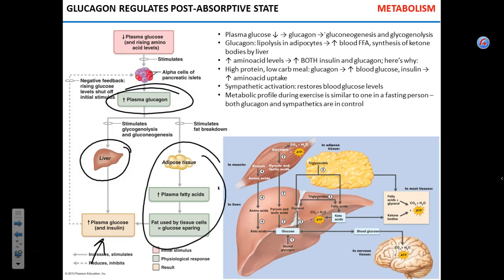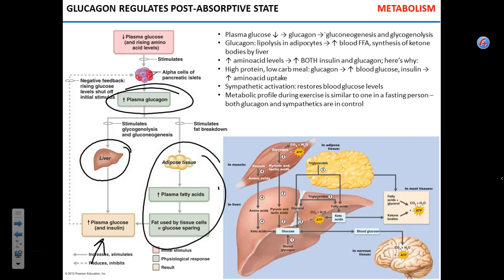Adipose tissue is broken down, fat is broken down. Either glycerol and free fatty acids will be used as the energy source, or ketone bodies. So essentially, glucagon is the hormone of fasting, a hyperglycemic hormone.